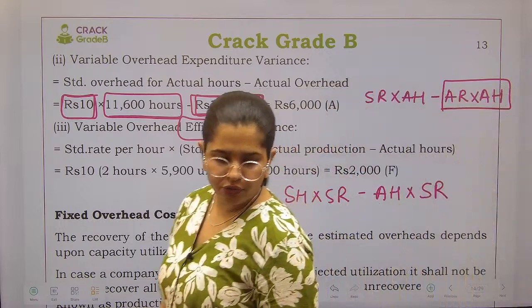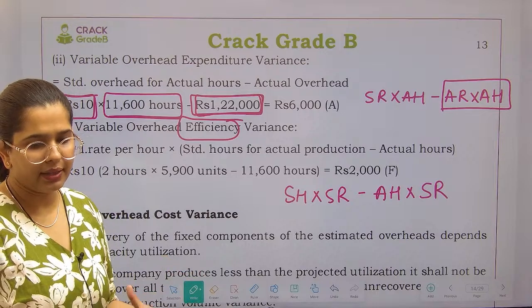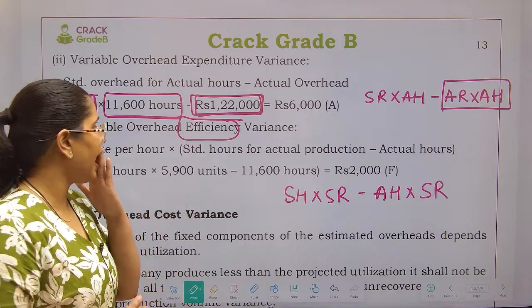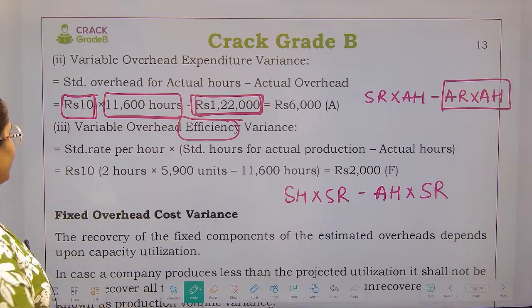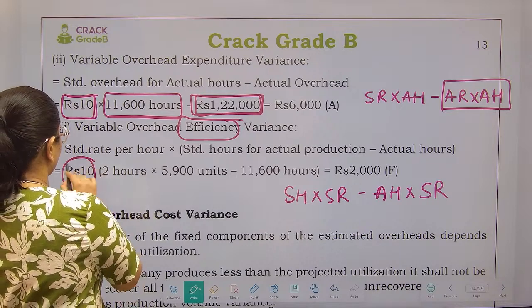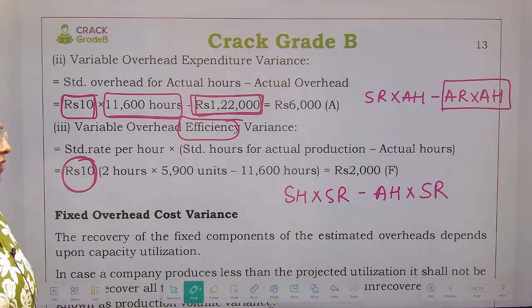Standard rate is going to form the base for me. Standard rate मेरा base होगा and I want to compare the difference between the standard hour and actual hour. तो ठीक है, standard rate मुझे पता है per hour कितनी है 10.